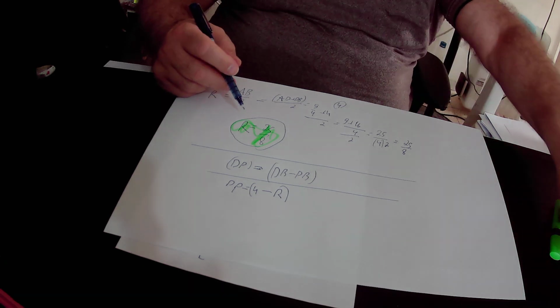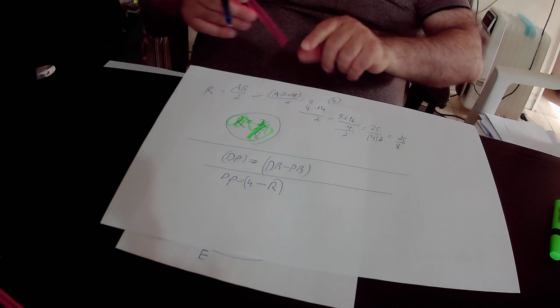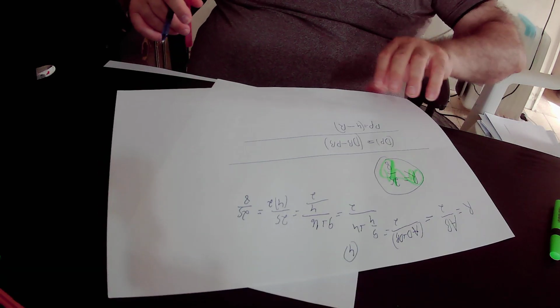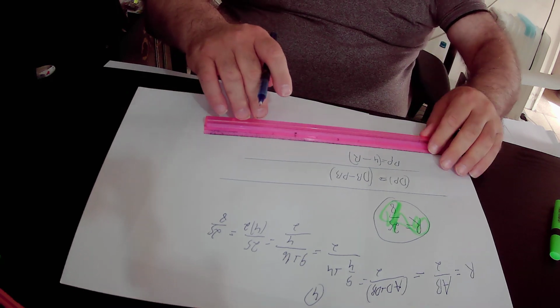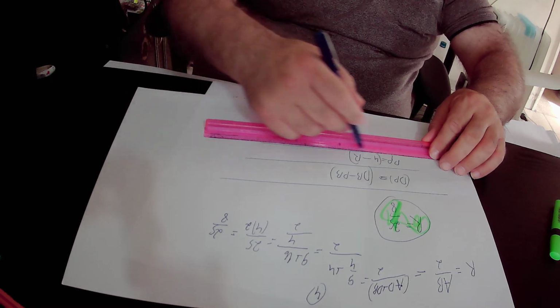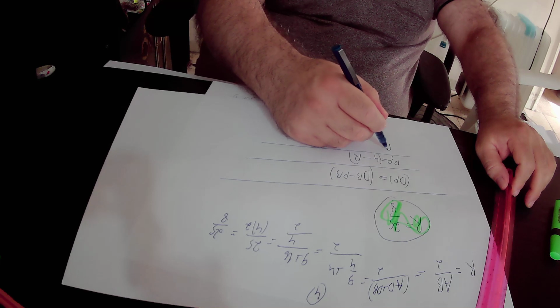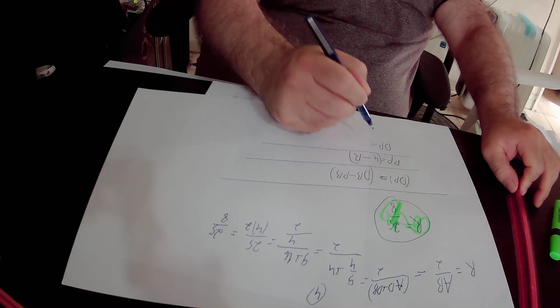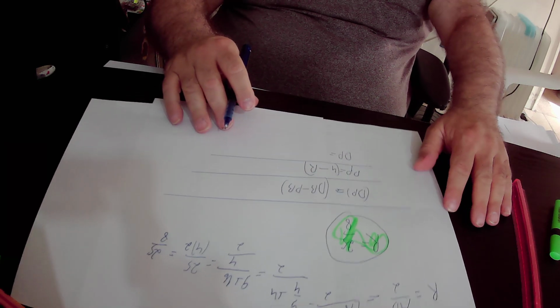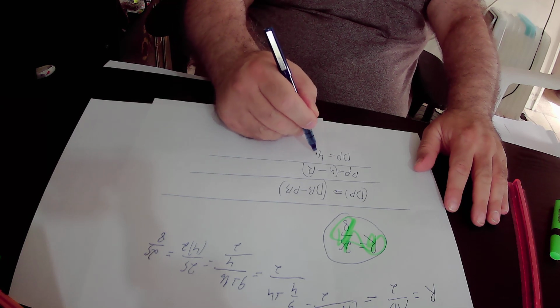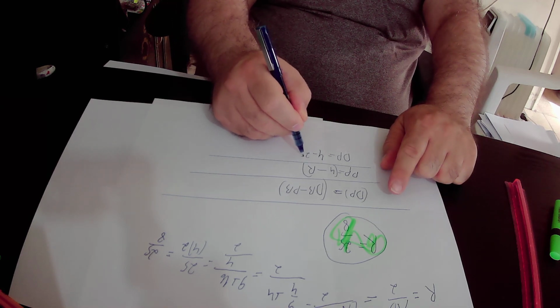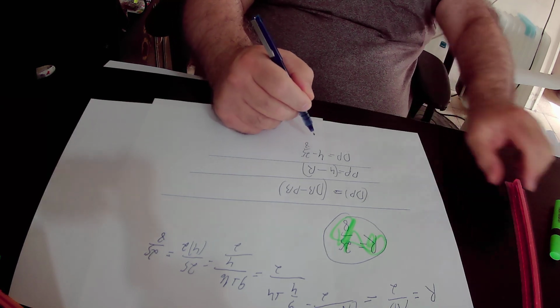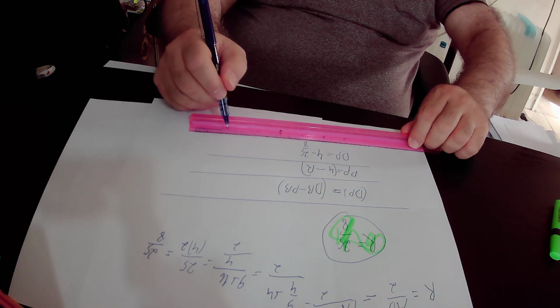We'll do it now. We'll get that DP equals 4 minus capital R, which is 25 over 8. Here we have 4 minus 25 over 8.